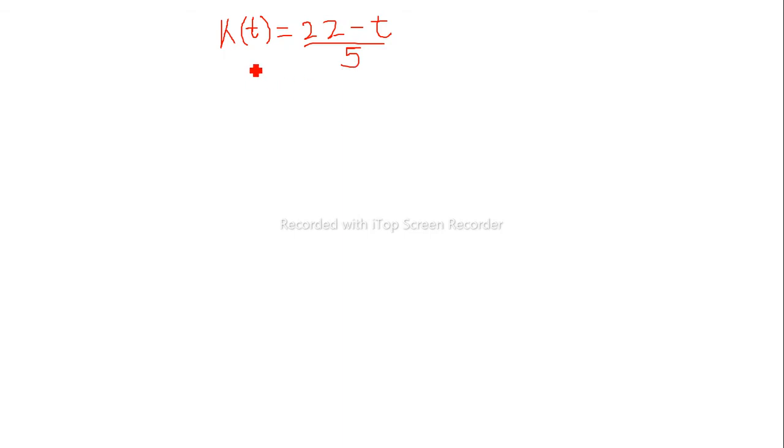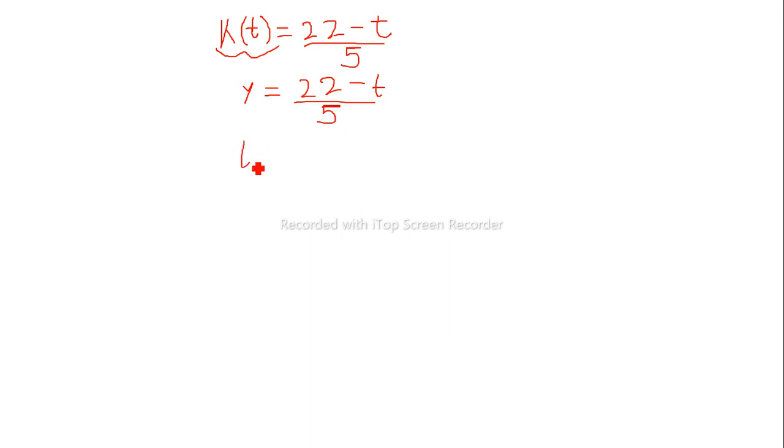Another way that people are taught to do this is to call k of t y. Then they swap the y and the t to make it easier.